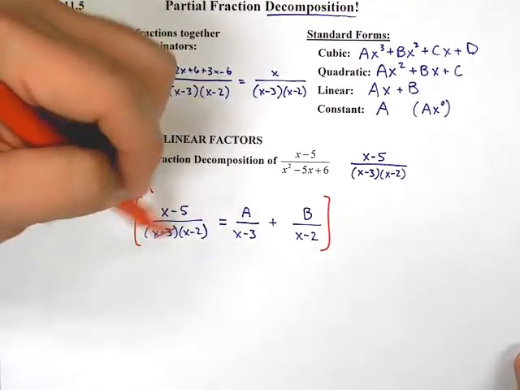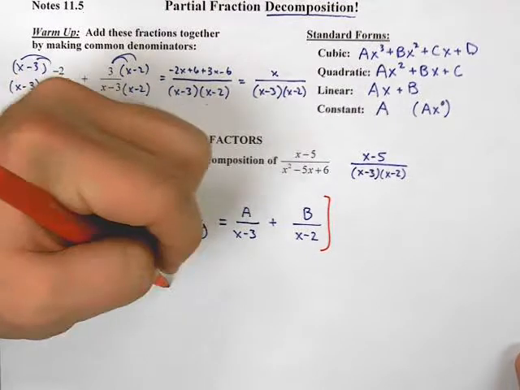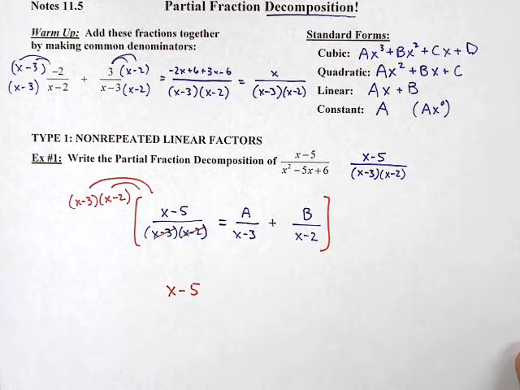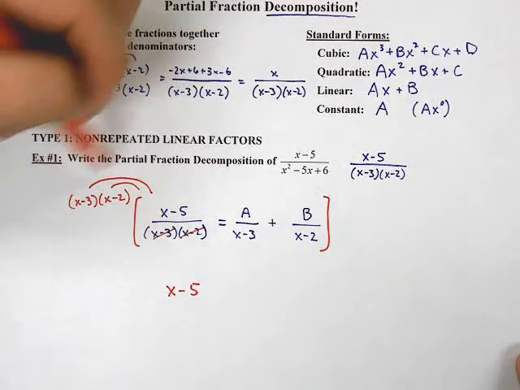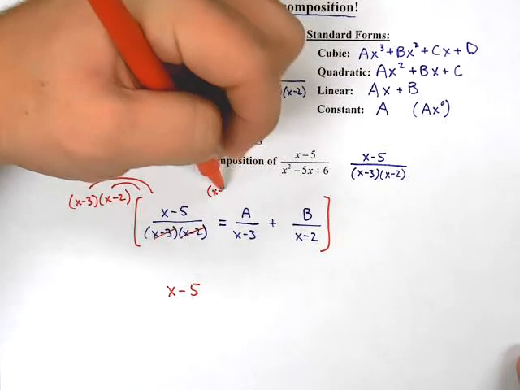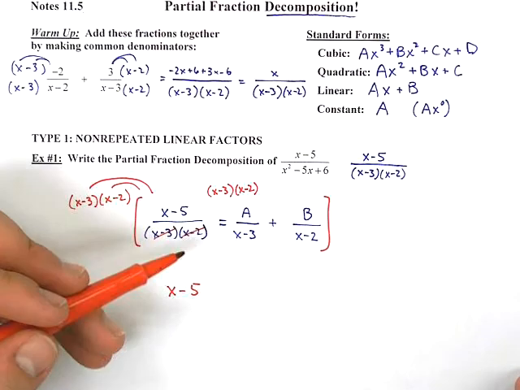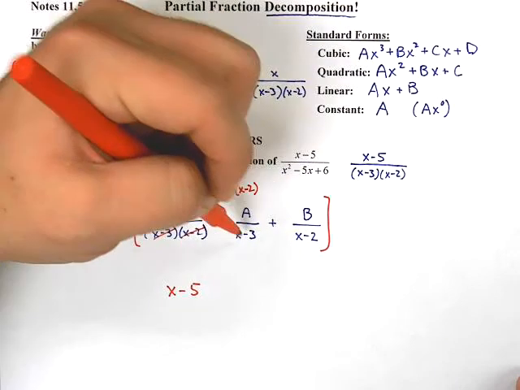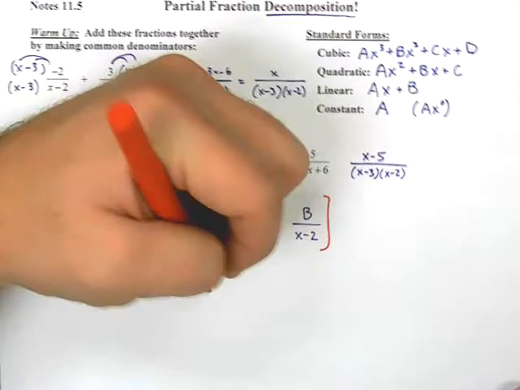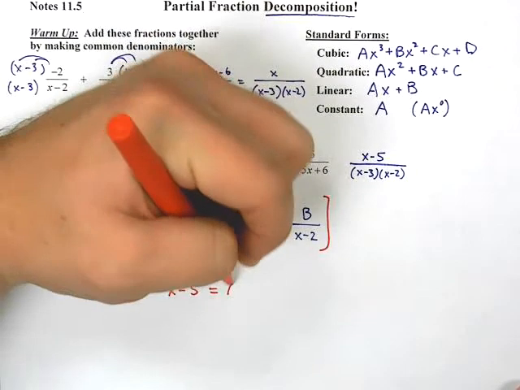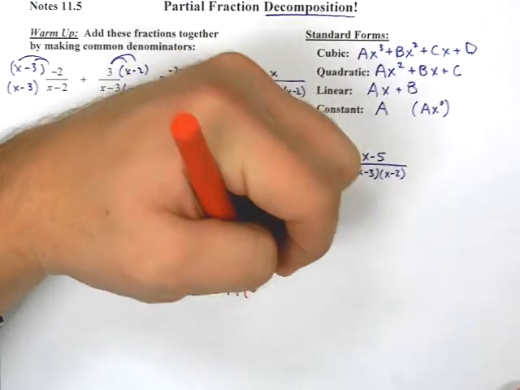They're both going to cancel, and I'm going to be left with x minus 5. What happens when I multiply these two over here? Let's do it over x minus 3, x minus 2. Well, it looks like the x minus 3's are going to cancel, which means I will have A and then x minus 2.